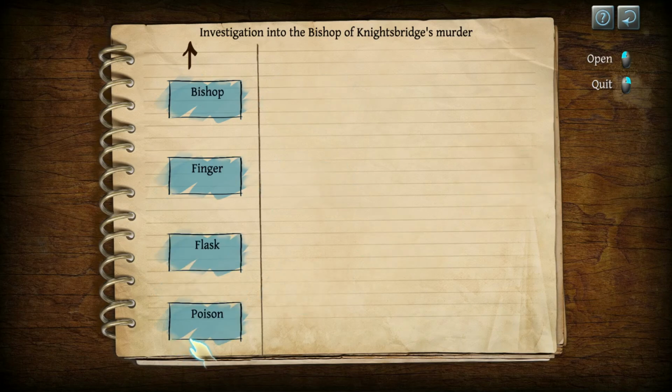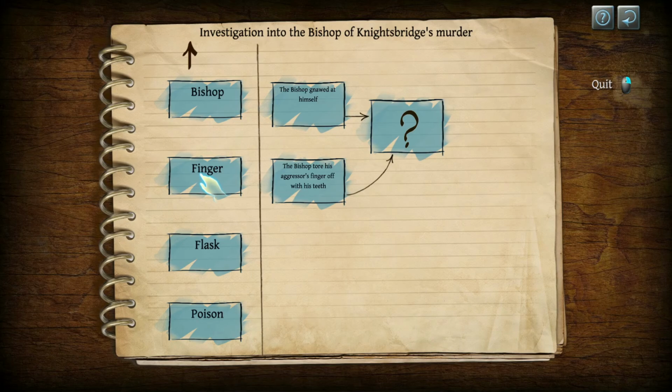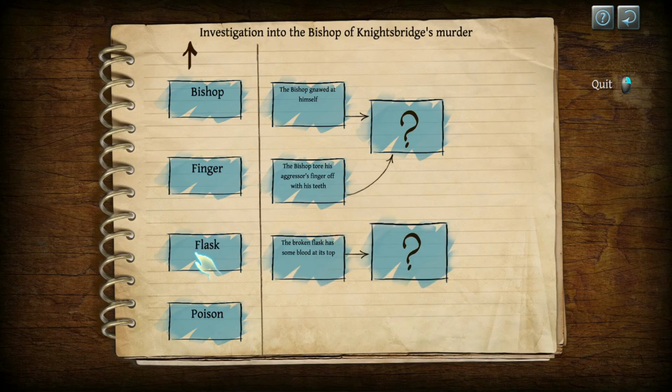I can't use my scroll wheel, so... Bishop gnawed at himself. Well, apparently because he was poisoned with a very interesting poison. Finger. Bishop tore his aggressor's finger off with his teeth. The broken flask and some blood at its top. The flask contains a poison that causes madness.